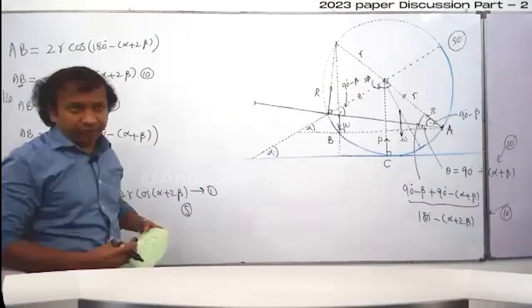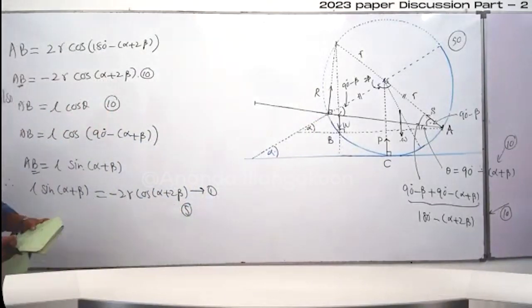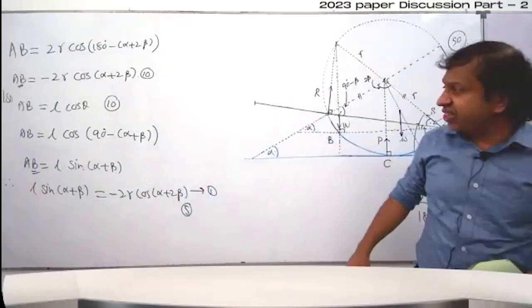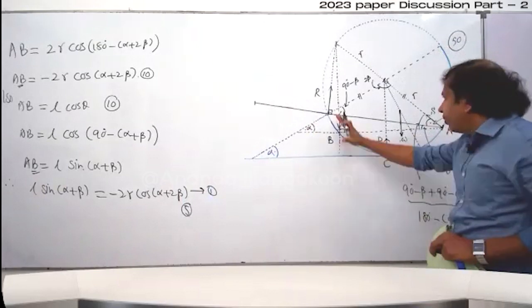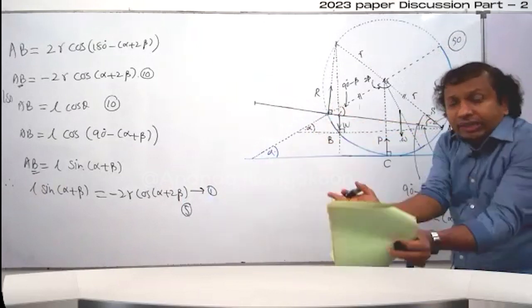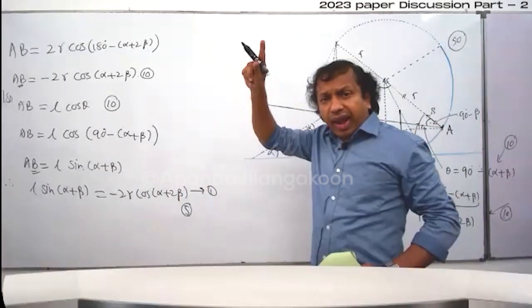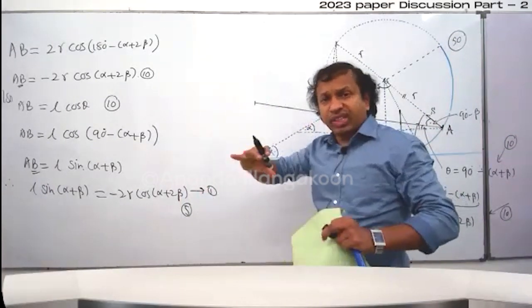Okay, right. Now what I'm going to do next is this. For the equilibrium of the system, meaning this ball plus this rod both together, the rod and the ball together is a system.